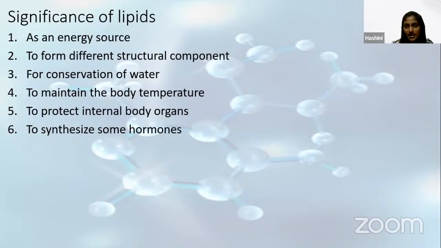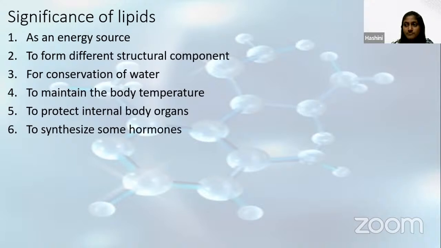In the plant body, there is a wax known as the cutin layer. Because of this cutin layer, plants can conserve water within their body, right? So this cutin layer is important for plant bodies for the conservation of water.